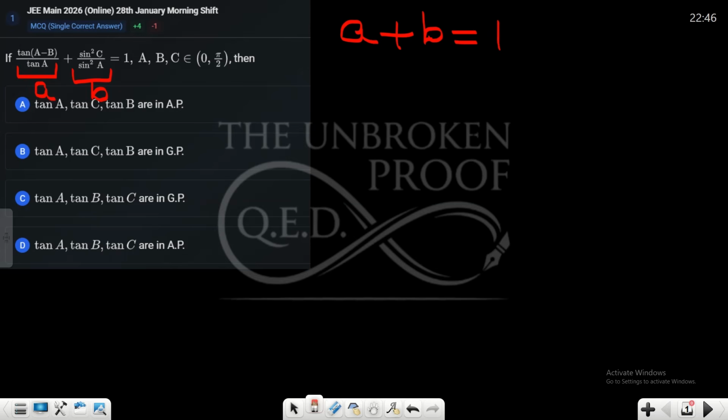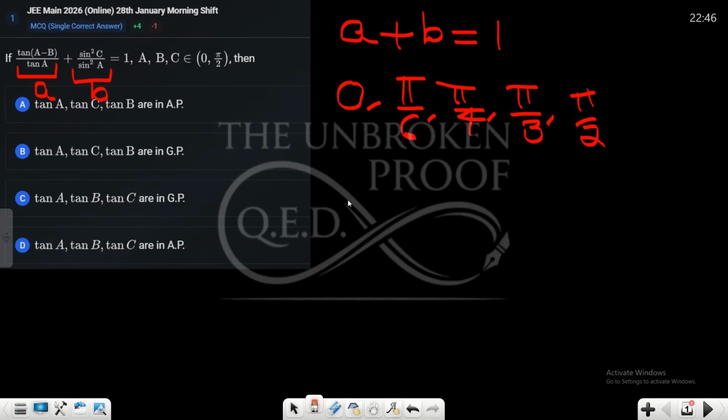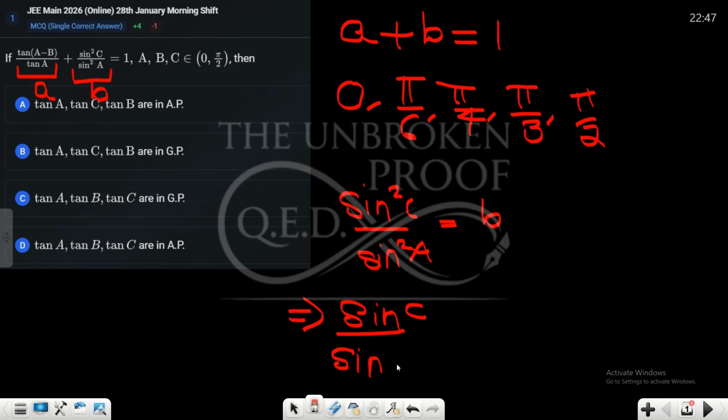So if I take angles like 0 degree, 30 degree, or if we write in radians, 0, pi by 6, pi by 4, pi by 3 and pi by 2, then one thing is clear: if sin square c by sin square a is b, then this implies that sin c by sin a is root b, and here we need not consider plus minus because the angles are in the first quadrant.